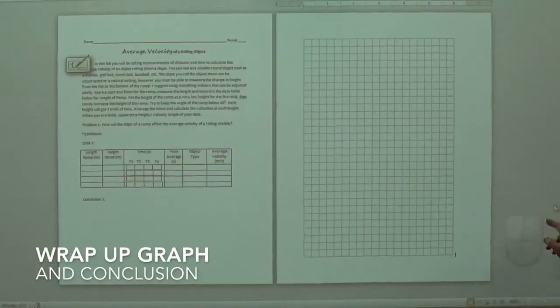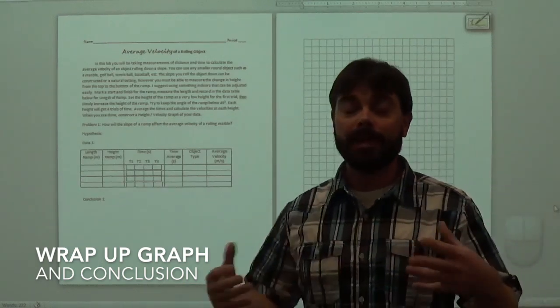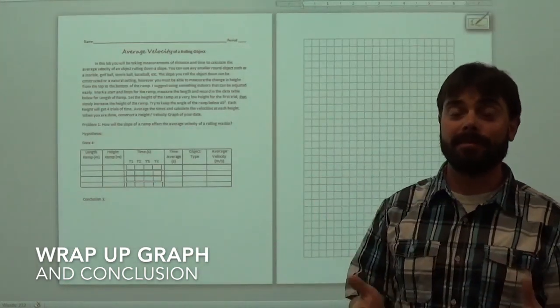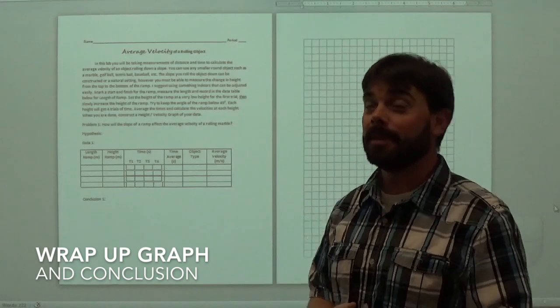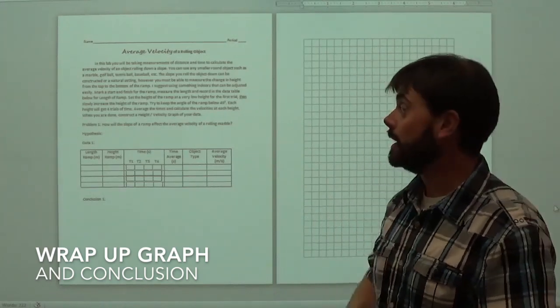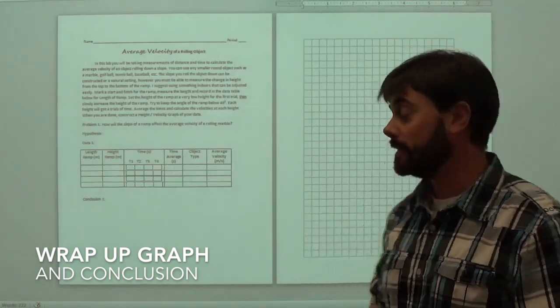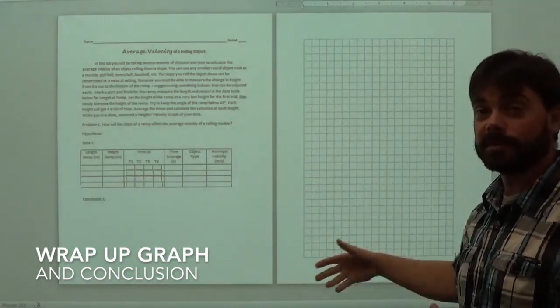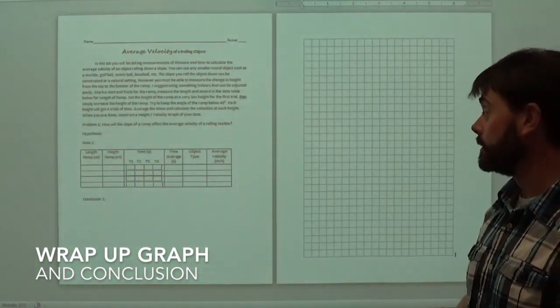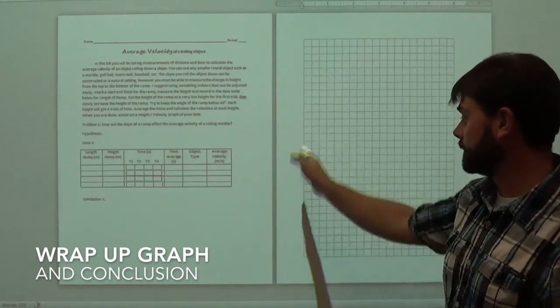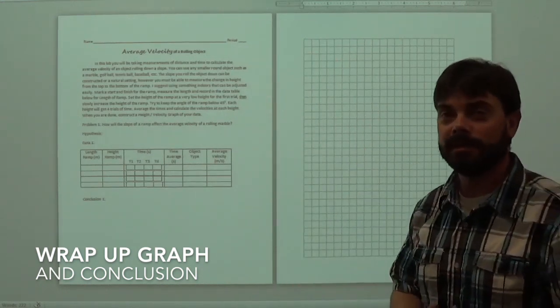Then if you flip over to the back side, you'll see that there's a graph. Now in the directions it says for you to make a height versus velocity graph. So how tall the ramp was versus how fast the object was going. So you can do height versus velocity or velocity versus height. That I leave up to you.